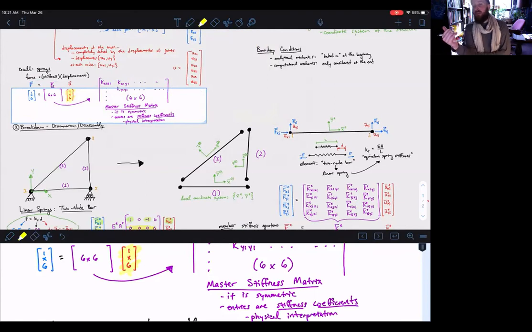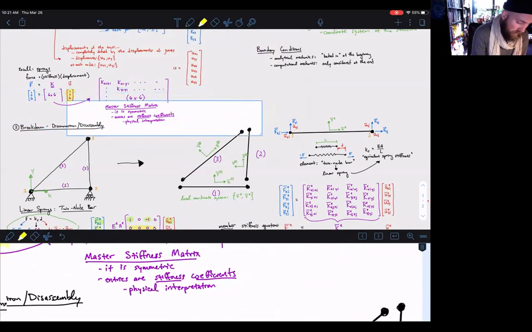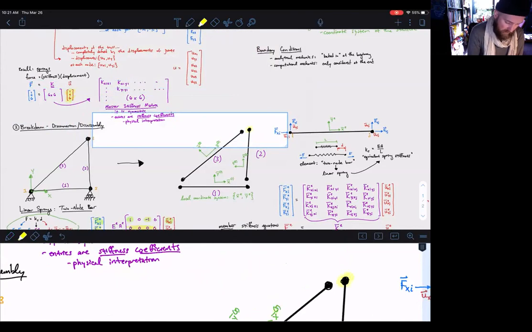And what's going to happen is, in order to reassemble the structure, we're going to have to go back and say, hey, look, we blew this thing apart, but this node and the way it moves in X and Y is actually the same as this node and the way it moves in X and Y. So even though we solved for the stiffness of member 2 and the stiffness of member 3 independently, we're going to use our knowledge of how the structure is put together to constrain the nodal motions.